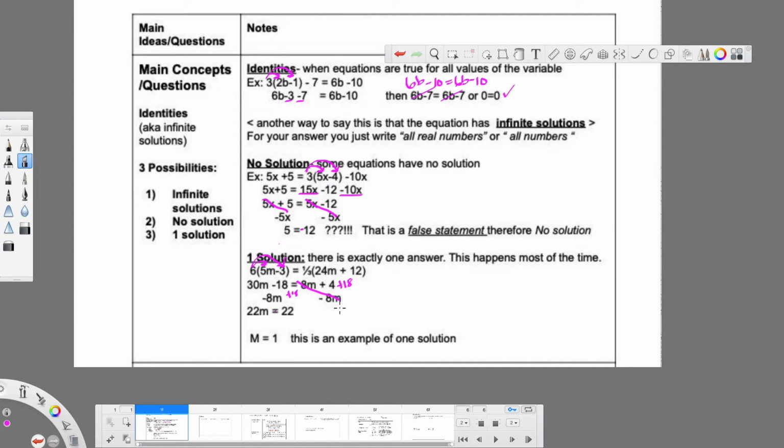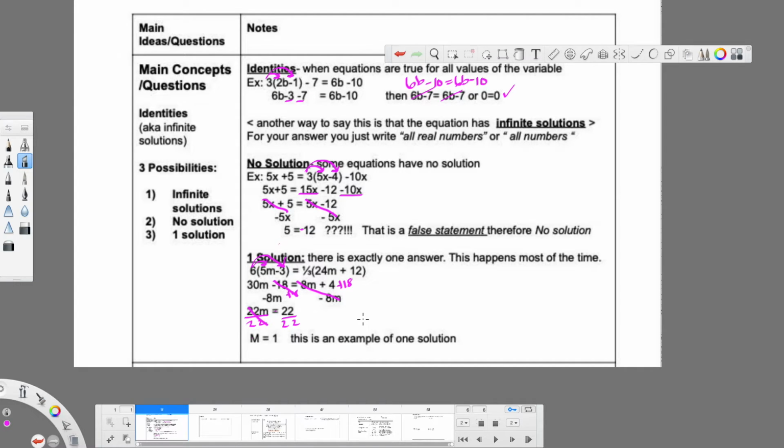And that's where the 22 came from, because the 18s also cancel. We put it on this side. So 22m equals 22. We're going to divide by 22 on both sides. So m equals 1, because they really cancel both sides. 22 divided by 22 is the same. So this is an example of one solution, because we know exactly what m equals.